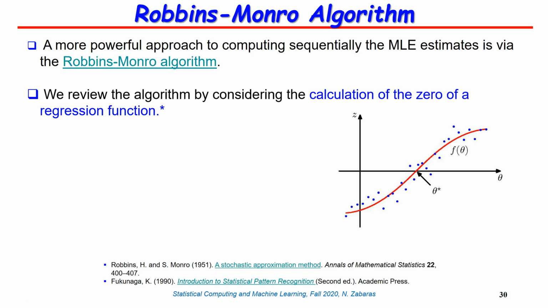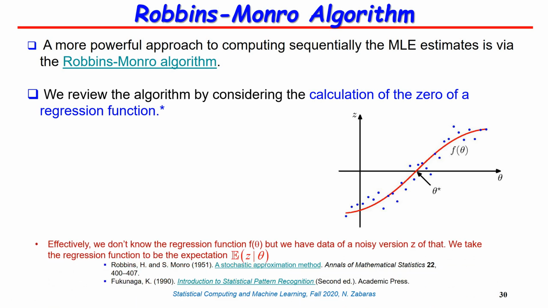So computing the zero of this regression function is what came with this extremely impactful paper in 1951 by Robbins and Monro that is called a stochastic approximation method. And this idea literally has revolutionized the way we update parameters, let's say in deep learning, in complex neural networks, and many different types of problems.